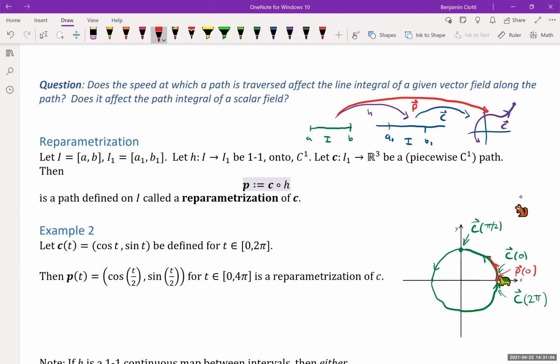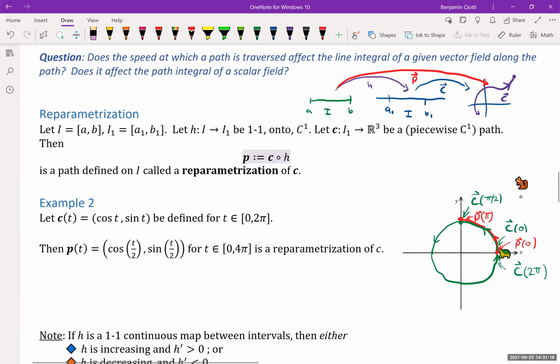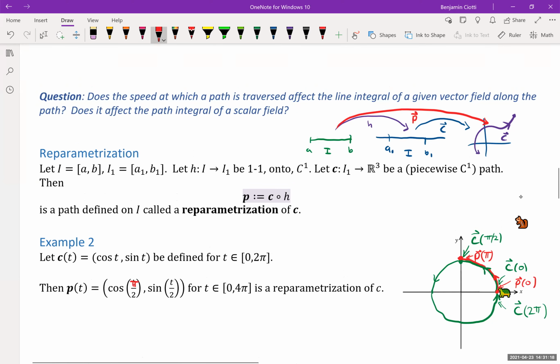And as you plug in time values, it hits the y-axis at time pi. If you plug in pi, you get cos of pi over 2, sine of pi over 2. It hits this point at time 2 pi, and it continues to go all the way around the circle and makes it all the way back home in 4 pi seconds.